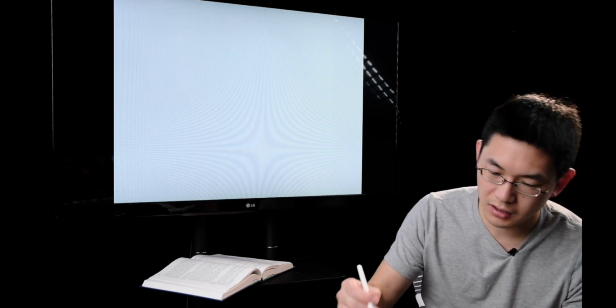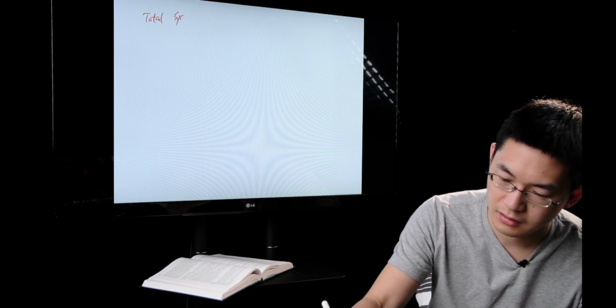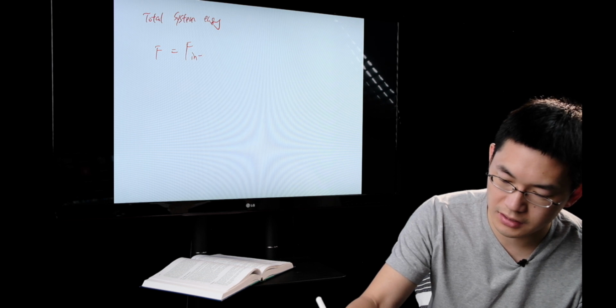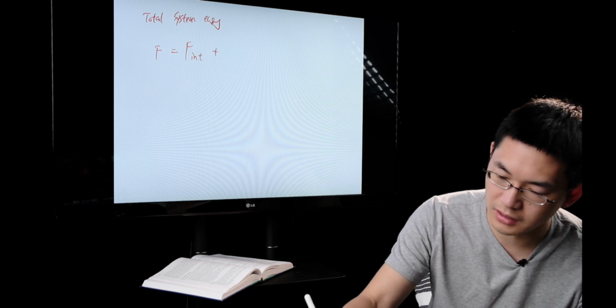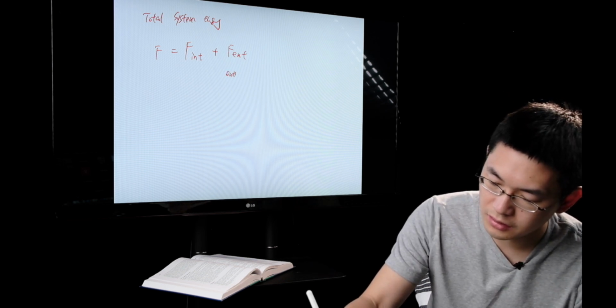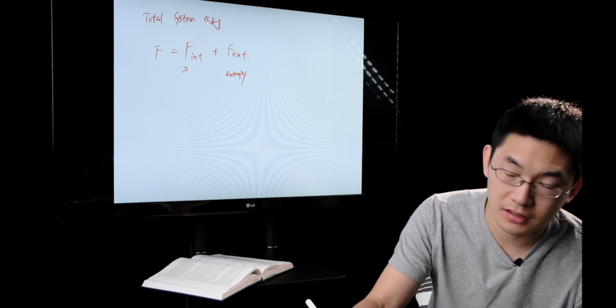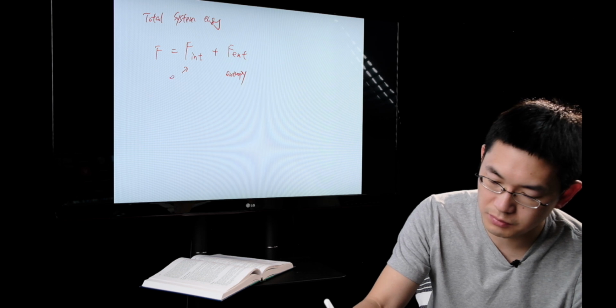So now if we consider the total system energy, it's going to be a linear combination of what is causing it to extend and what is causing it to hold together. So this is entropy. This would be what we discussed in the very beginning, which would be the repulsion force.